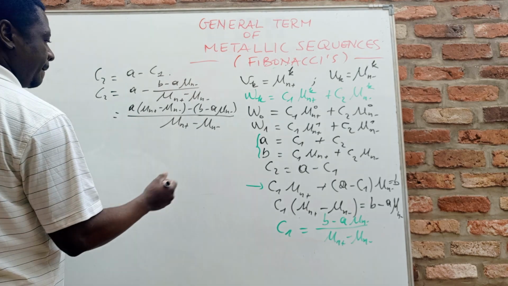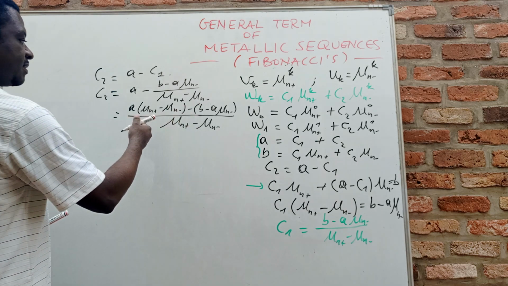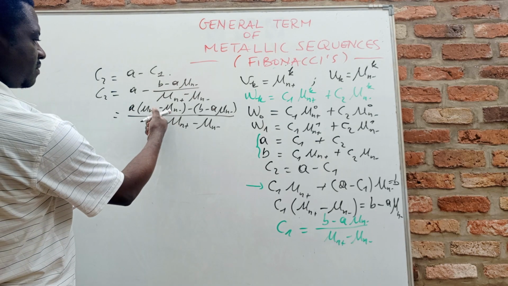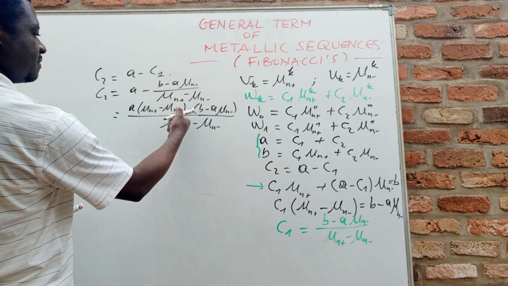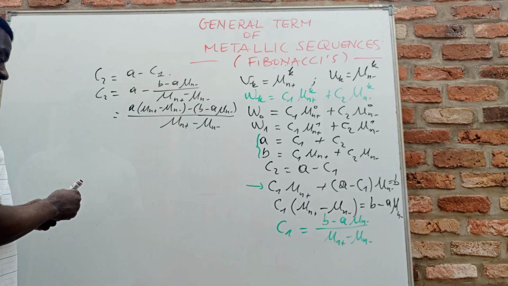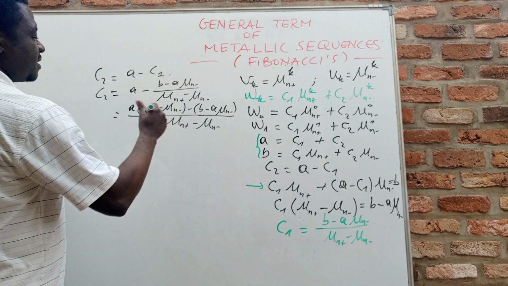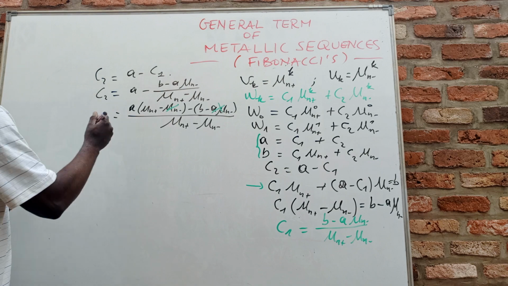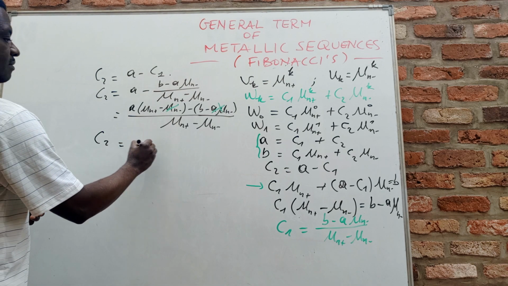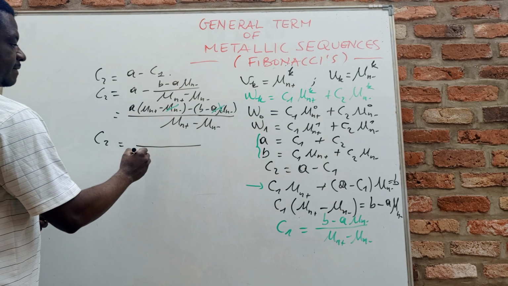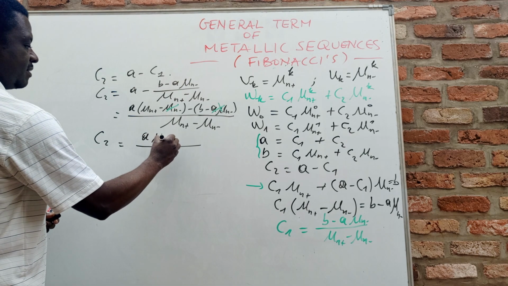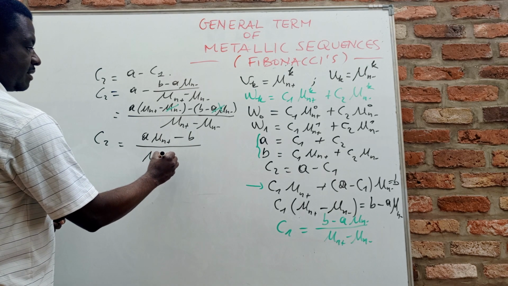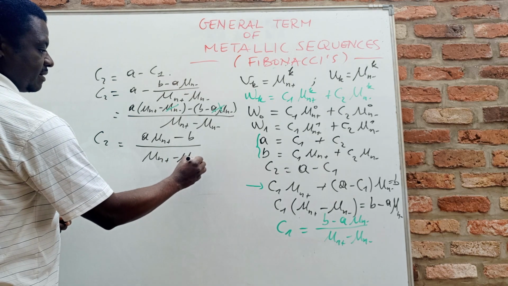This term cannot be cancelled, but this one is negative and this one positive, so they will cancel. I'm left with C2 equal to A times mu_n plus minus B, over the same denominator as in the other case.